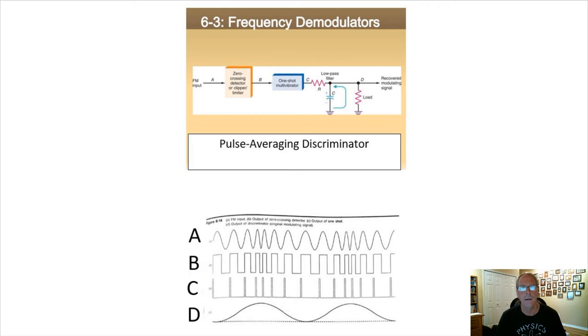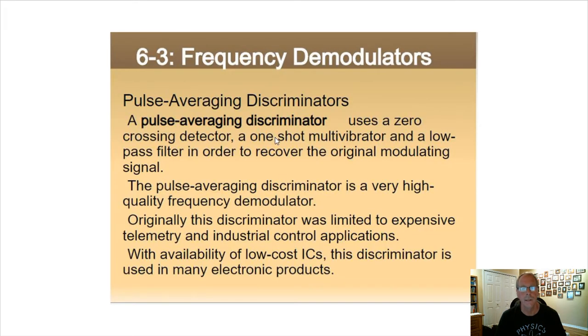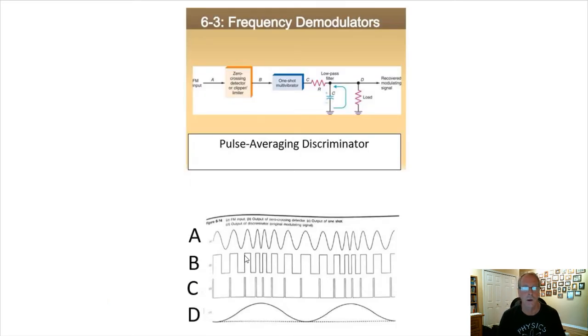The zero crossing detector takes the input signal, which is an FM modulated signal, and basically clips it. It does a zero crossing detection, so it turns it into a square wave. Here I've copied this out of the textbook.